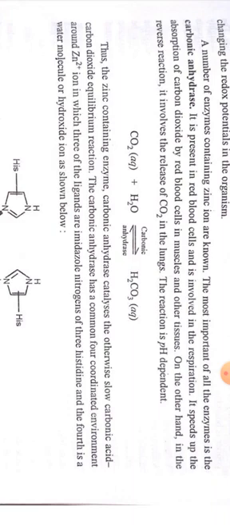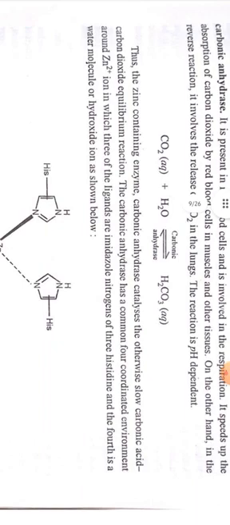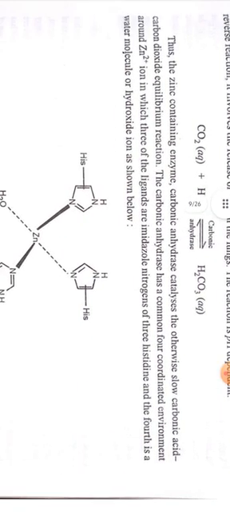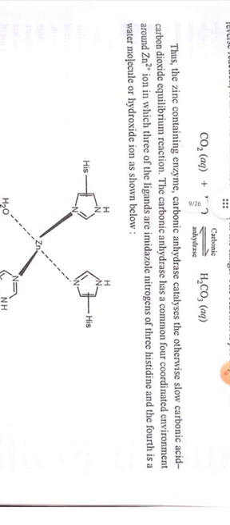The reaction is pH dependent. CO2 aqueous plus H2O, in the presence of carbonic anhydrase, gives H2CO3 aqueous. It is reversible. Thus, the zinc-containing enzyme carbonic anhydrase catalyzes the otherwise slow carbonic acid carbon dioxide equilibrium reaction.